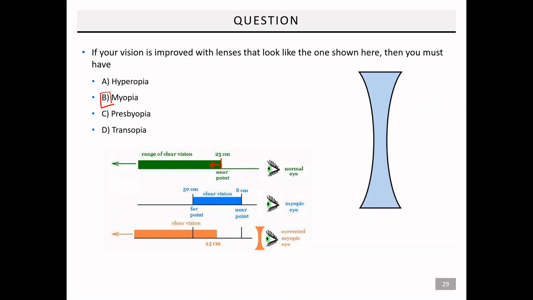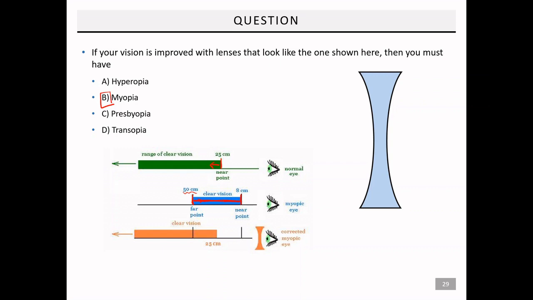For a myopic eye, you're nearsighted, which means you cannot see things far away, so the furthest you can see is maybe 50 centimeters if that's your far point. Anything to the right of this you would be able to see clearly all the way up until your near point. For a myopic eye, your near point is typically closer than the 25 centimeters for a normal eye. So your range of vision would be this range right here.